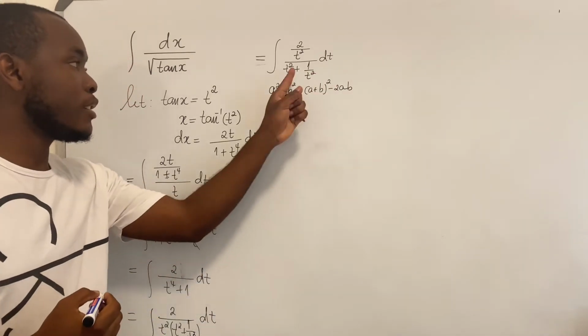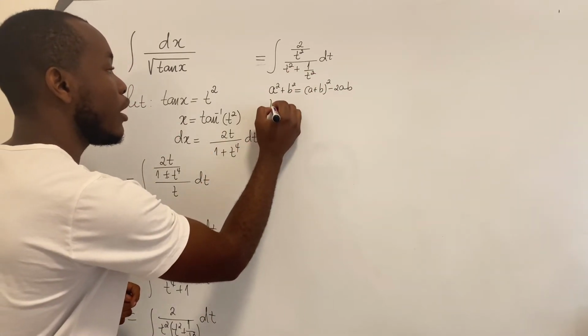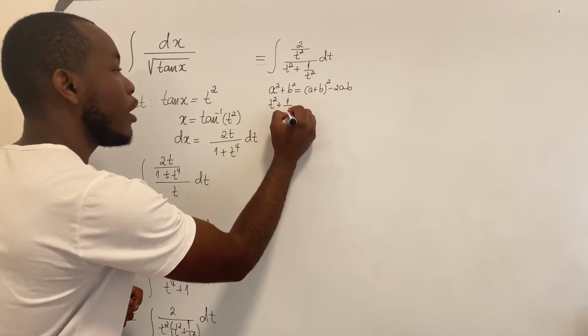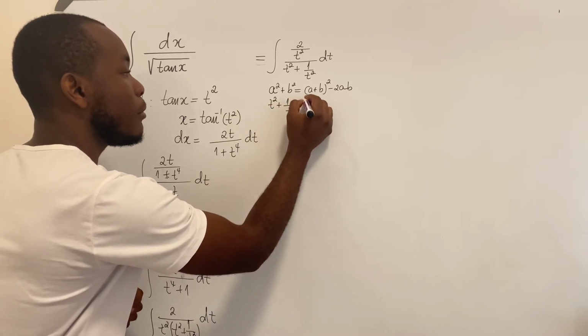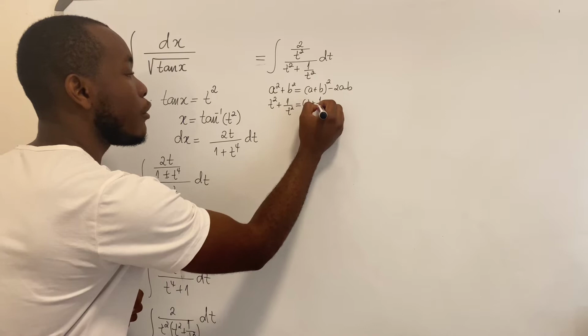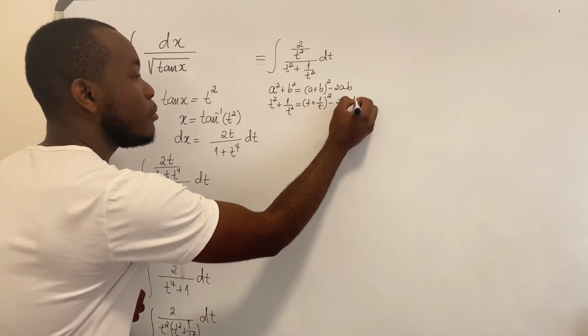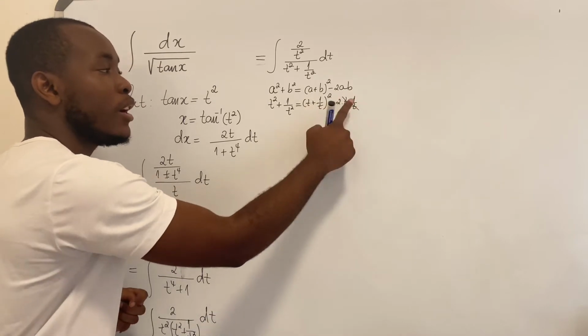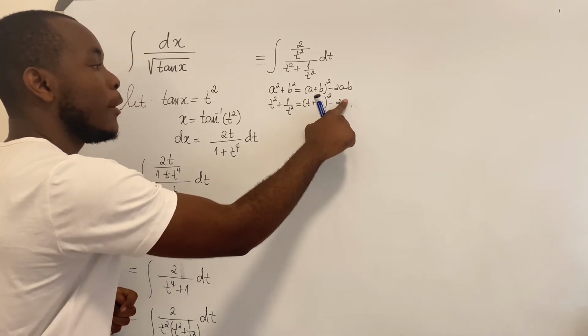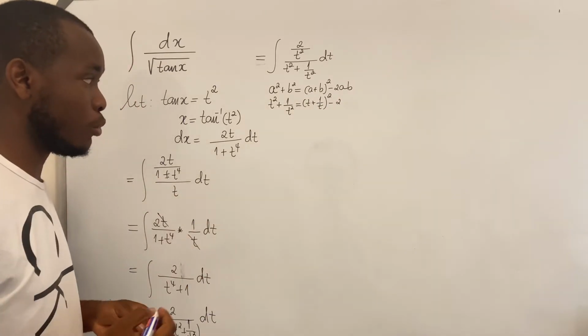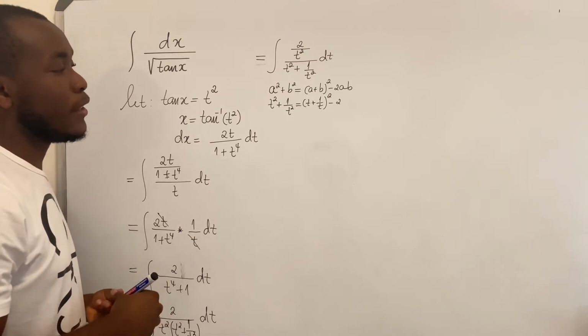So if we apply this identity here, that means t squared plus 1 over t squared is the same as t plus 1 over t, in this case our a and b, squared minus 2 times a times b, 1 over t. So they simplify, and it simply becomes minus 2. So that's the problem.